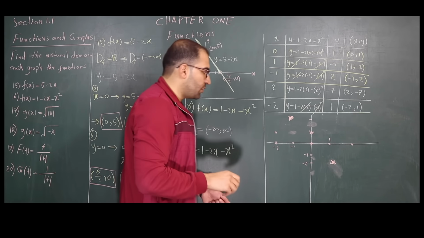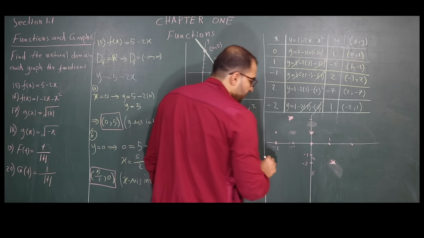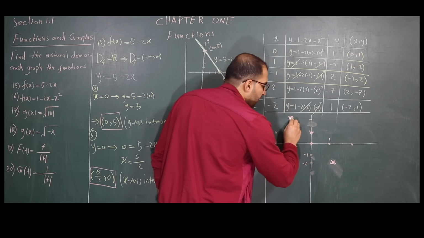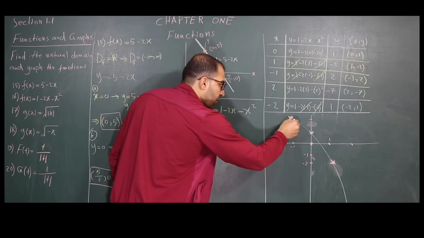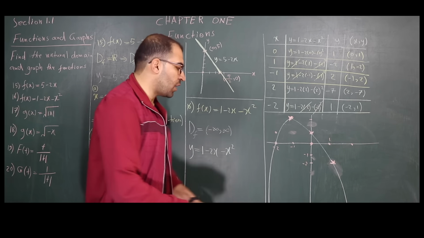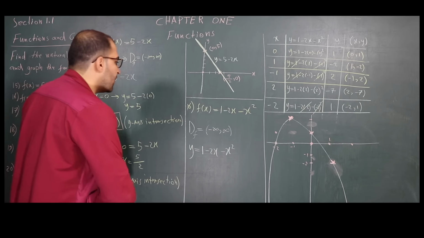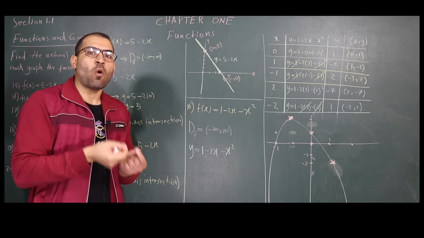You don't need to graph it like a calculator. You just need to indicate the behavior of the function. So the graph will be that way, and remember, it's always a curve. If you find an equation with an exponent which is not 1, it's a curve.